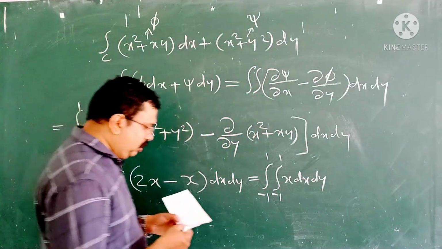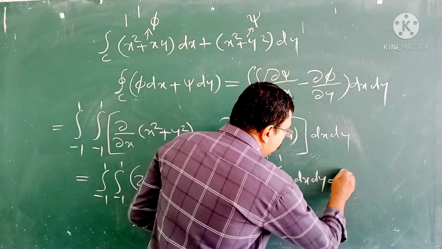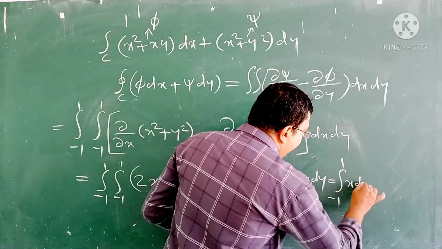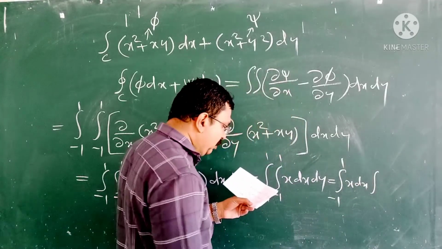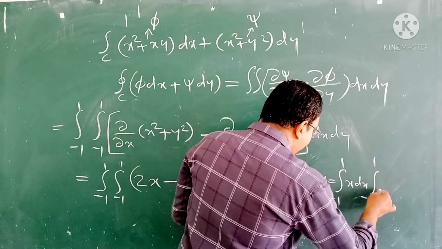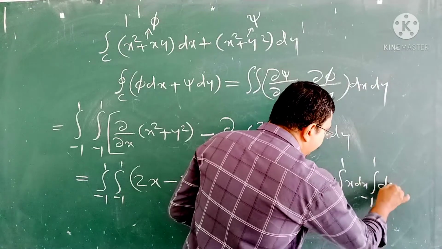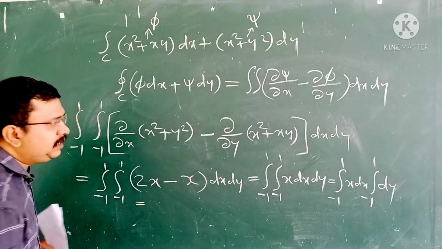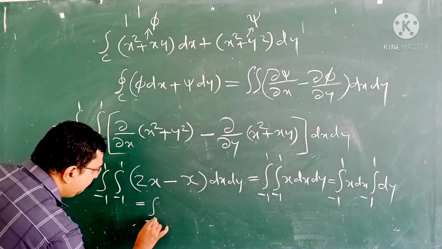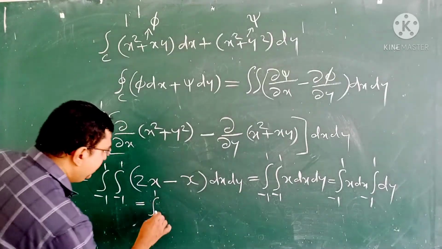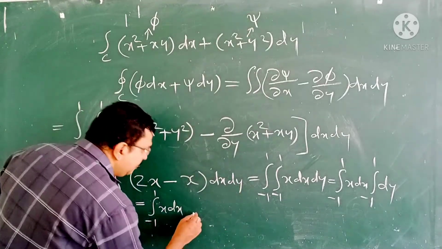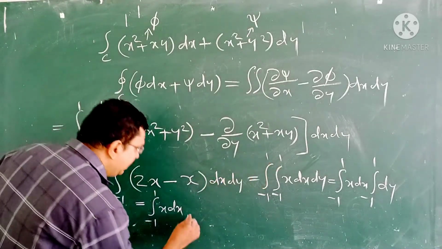That is equal to the integral from minus 1 to 1 of x dx into the integral from minus 1 to 1 of dy. Remember that the integral of dy is y.